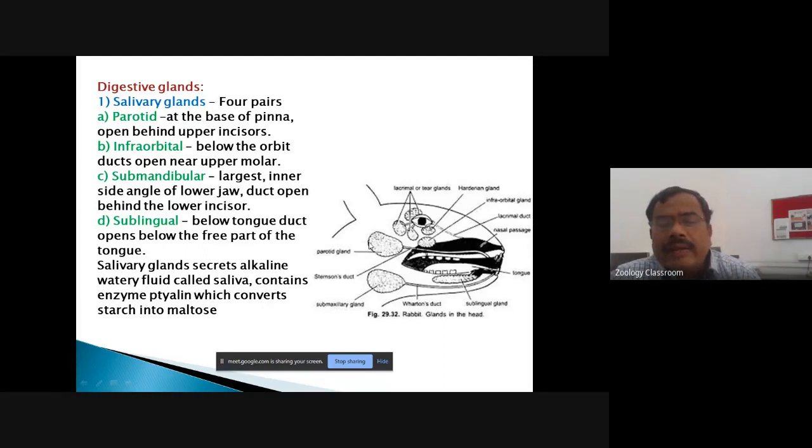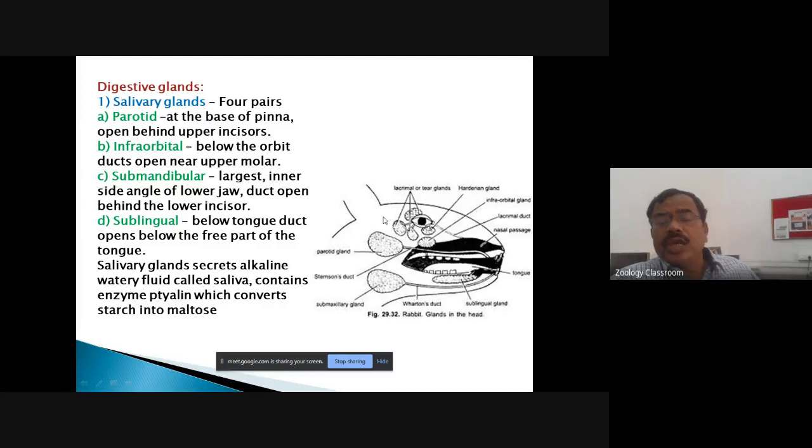This is another gland. It is called the carotid gland. This is the third gland. It is called the submaxillary gland. It is also known as the submandibular gland. And this one is the fourth gland. It is called the sublingual gland. So all these glands, gland number 1, 2, 3, and 4, are paired structures. So these are present in pairs.